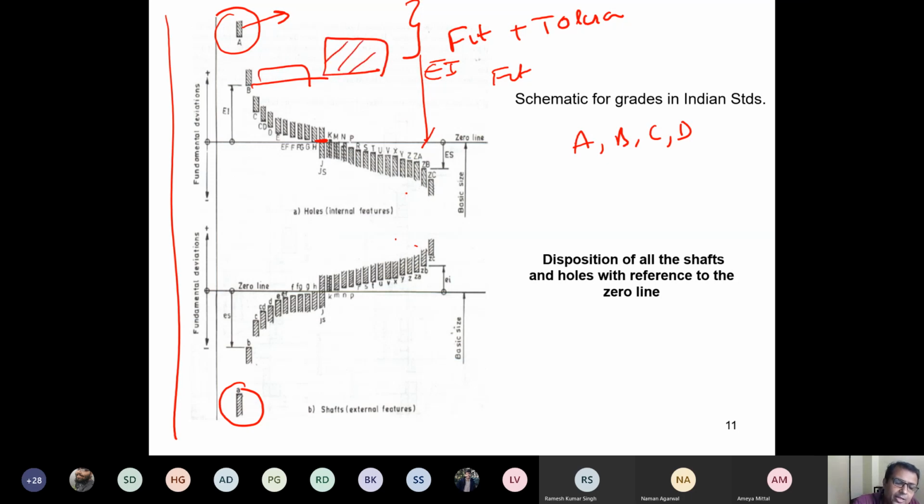That depends upon what tolerance grade you choose: 1, 2, 3. So the letter tells you the fundamental deviation and the number tells you the band or the tolerance grade. That's how you always give the limits, in a combination of a letter and a digit.